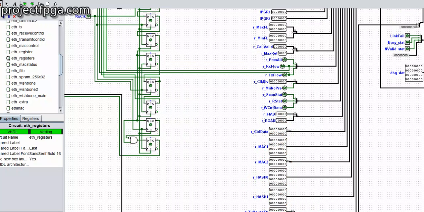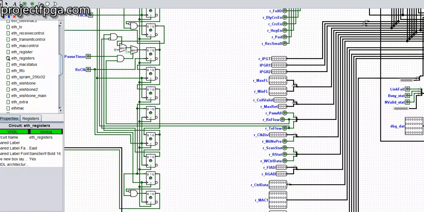We use this set of data when we are talking about the MII model. This is the clock divider we use when we are studying the MII model also. So these are how all these signals are being stored in the register.